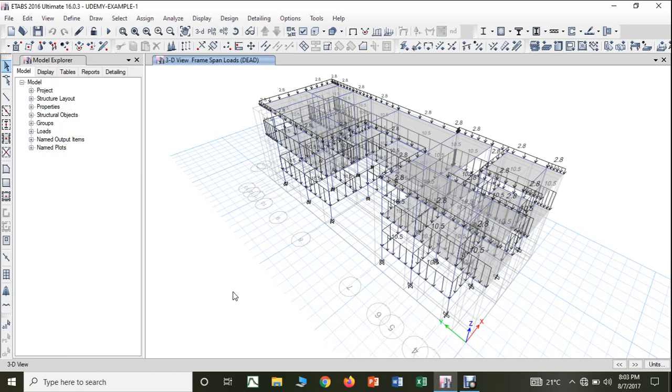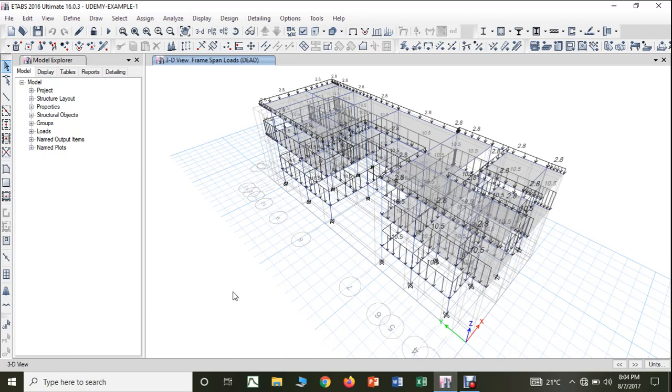So usually we apply the wall loads directly on the beams. And when it comes to the self weight of the beam, column and slab, the software itself will directly take it into consideration while doing the analysis of the structure.